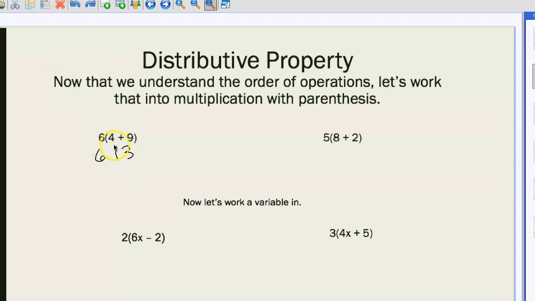And what do we know about parentheses? When we were talking about multiplying integers, we know that the parentheses means multiply. So at this point, we would just take 6 times 13.